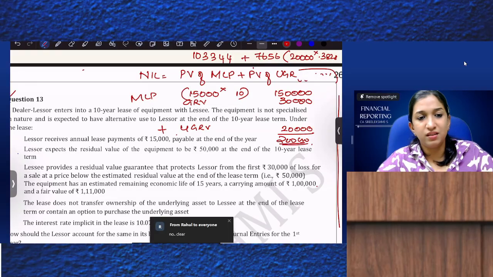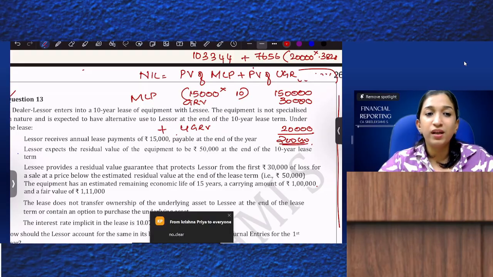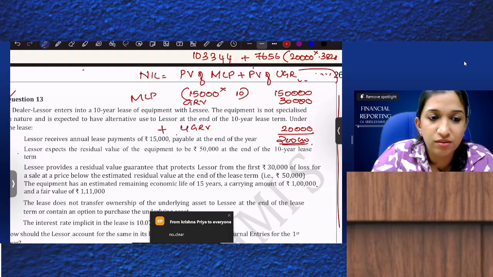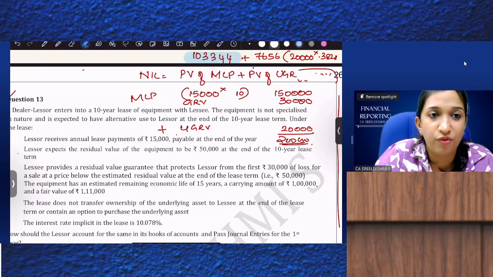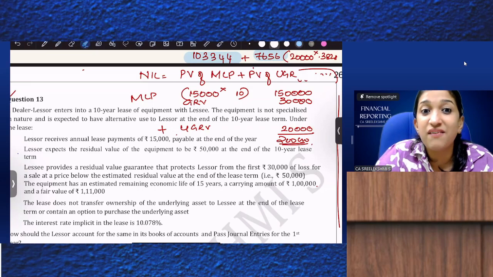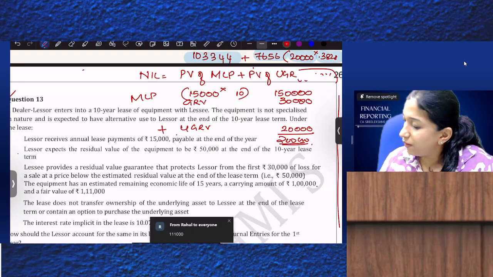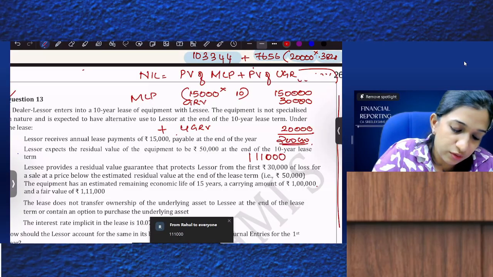Anything to be explained? No, clear. So net investment in lease is 1,03,344, present value of MLP, plus present value of UGRV, 7656, that is 20,000 into 0.3828. So exactly NIL comes to 1,11,000.